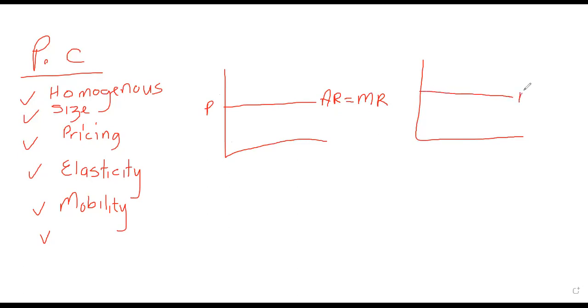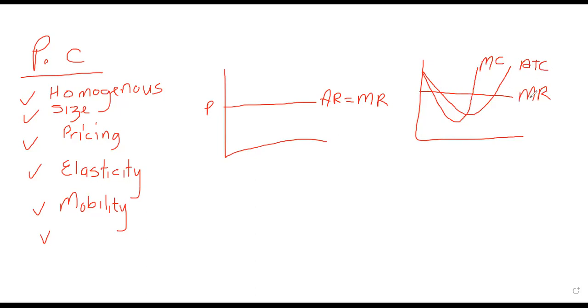So our average revenue or marginal revenue is here. Then our average total cost is here. Then what cuts it in half? The marginal cost. When is profit maximized?